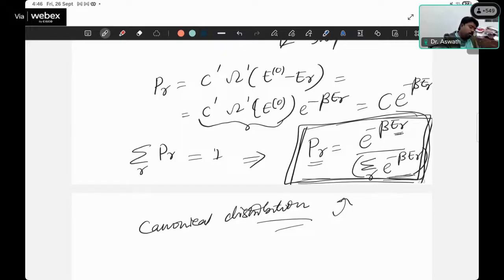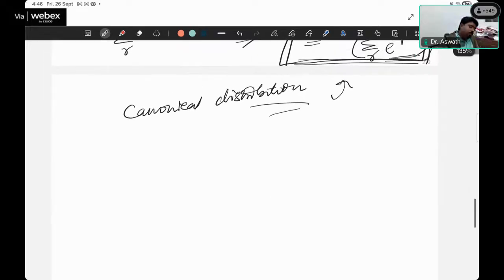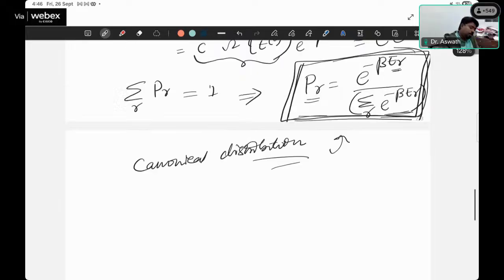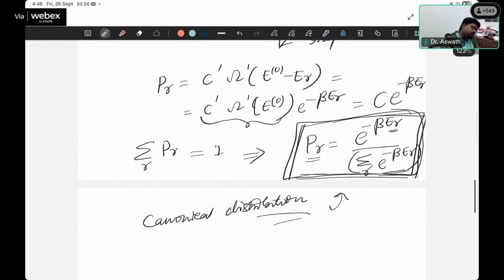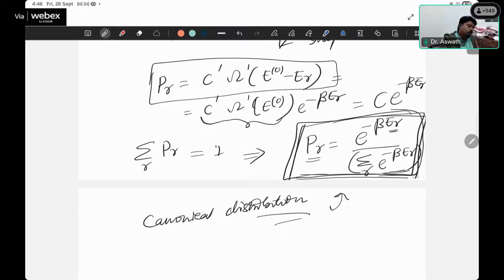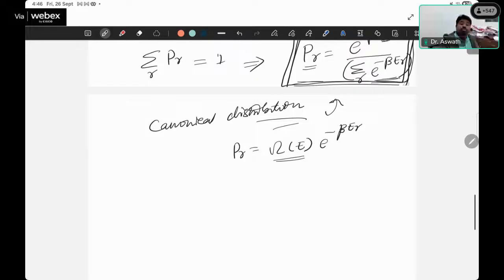But before going to the example, if you carefully study this expression, in P_r there is omega and there is exponential of minus beta E. Usually this is very large: if I have a large number of systems, the number of accessible states will be exponentially large.